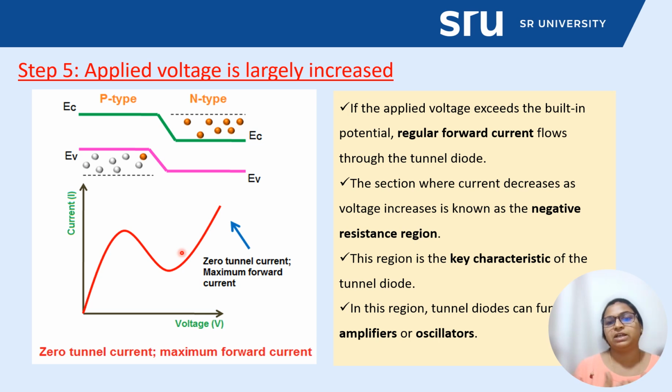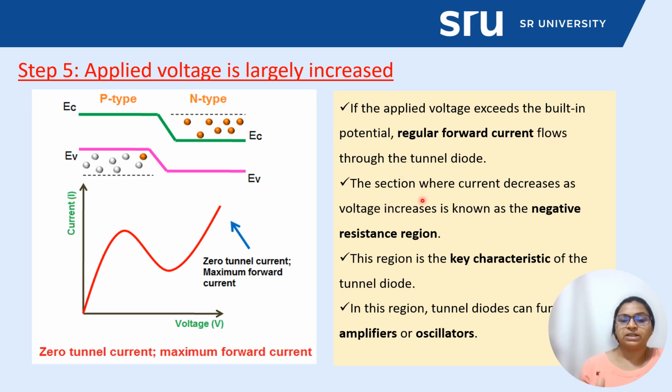We know in general that when the applied voltage is greater than the built-in potential of the depletion layer in a normal PN junction diode, the current flows in an increasing way. Similarly here, this very high applied voltage exceeds the built-in potential, so regular forward current flows through the tunnel diode.